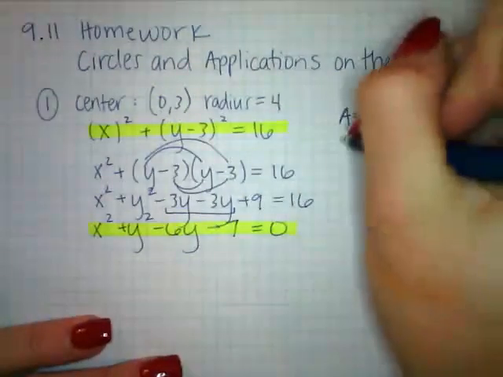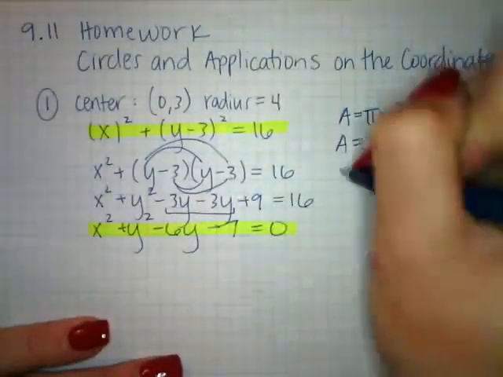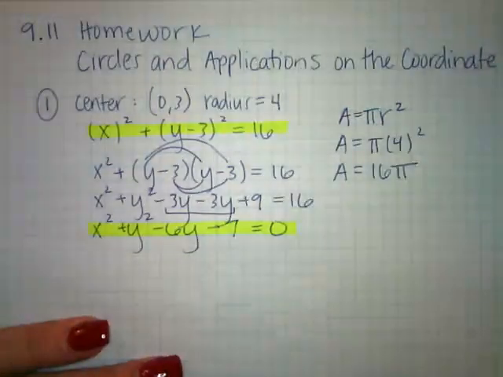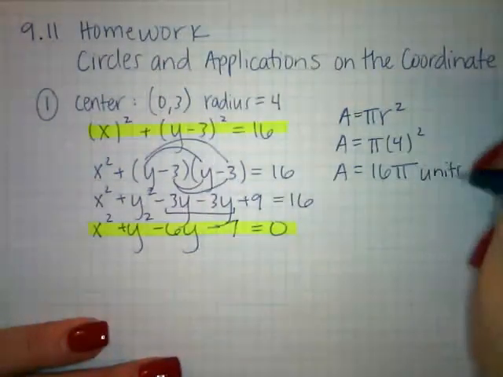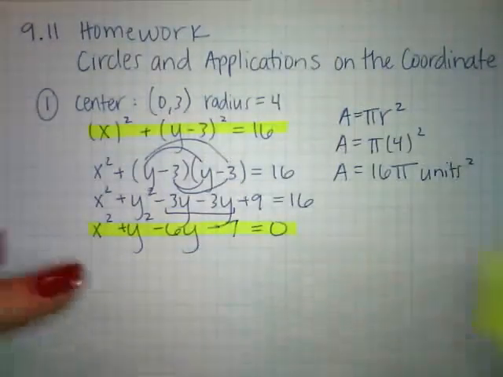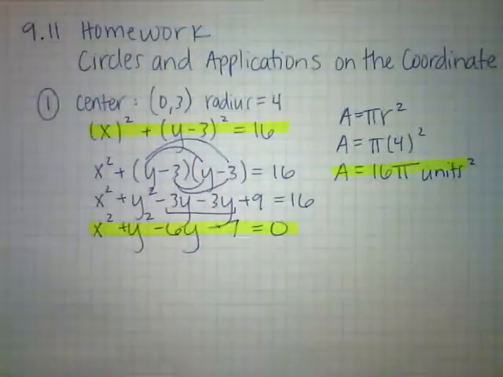Given that my radius is 4, that's going to be pi times 4 squared, so that's going to be 16 pi. Now we're unsure of the units, but since we're working in area, we know that they're going to be square units. Here are my 3 final answers for question number 1.